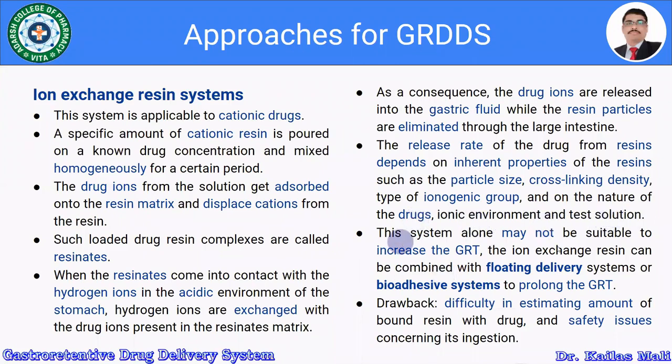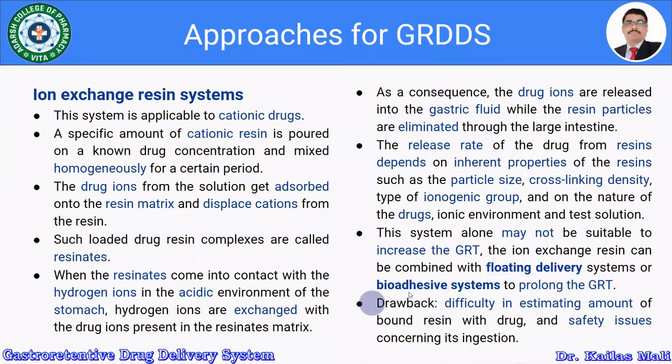This system alone may not be suitable to increase the gastro retention. The ion exchange resin can be combined with the floating delivery systems or the bioadhesive systems to prolong the gastro retention. So generally, ion exchange resin systems are combined with the floating drug delivery or the bioadhesive drug delivery in order to retain the formulation in the stomach.